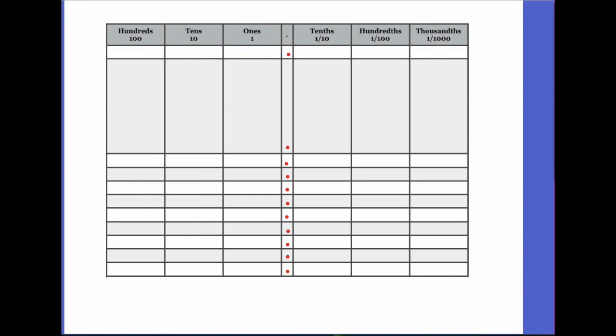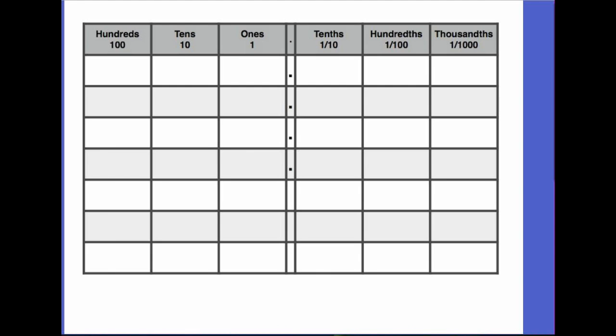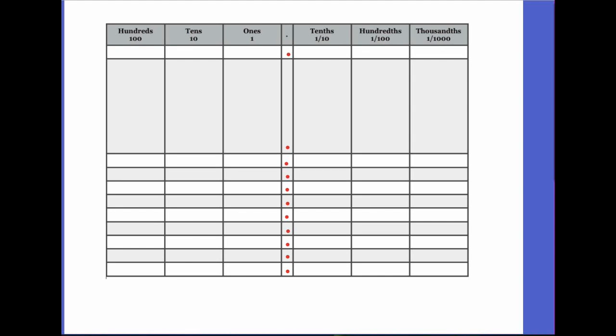So the next one says 12,000 divided by 100, and I don't have that, do I? No, I don't have 1,000. I need to get my new chart. So 12,000. How many thousands do I have? How many thousands? What number's in the 10,000s place? Sorry, I do have 12,000s, but I have 10. How about if I do it this way?